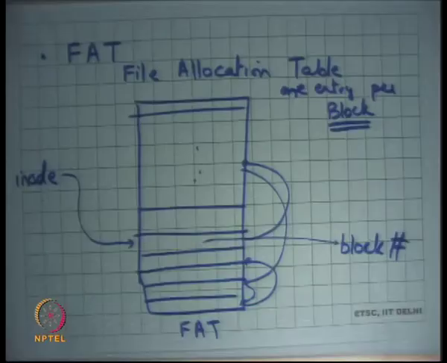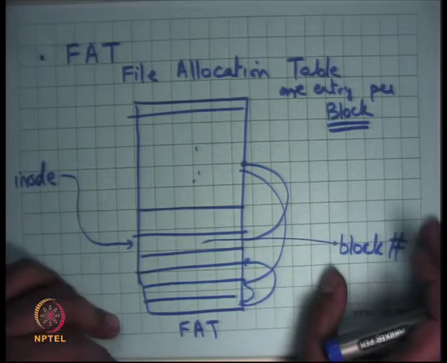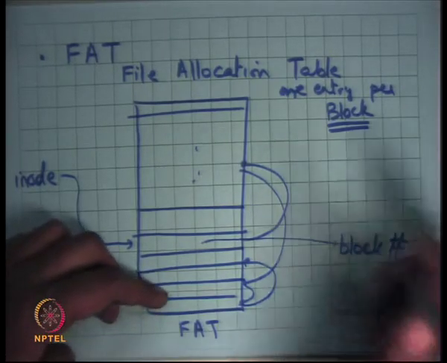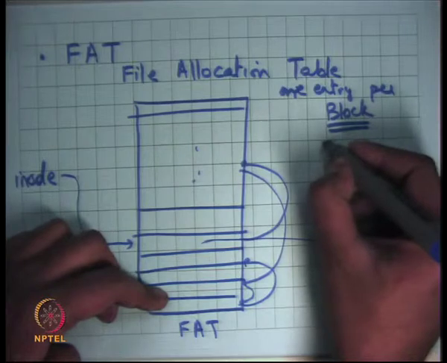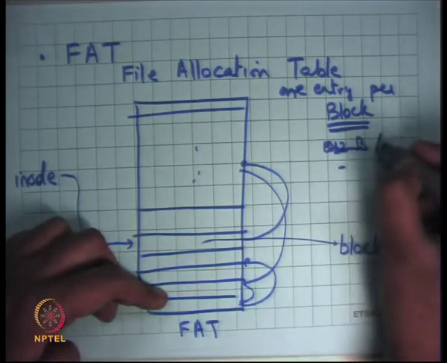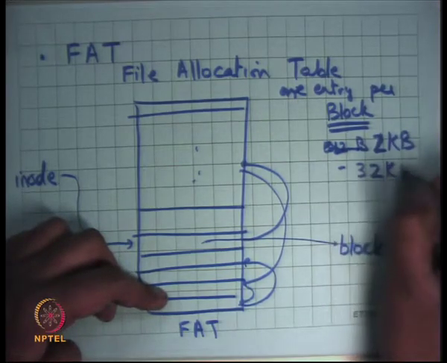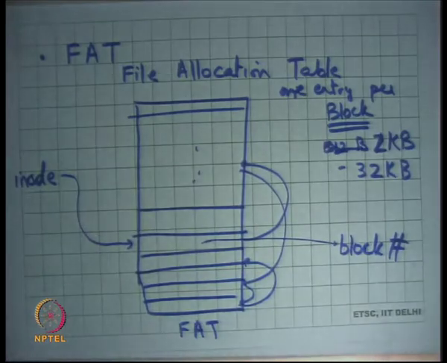The MS-DOS block size ranged from 512 bytes, or 2 kilobytes for the FAT32 system, up to 32 kilobytes. So a block could be anywhere between 2 kilobytes and 32 kilobytes.